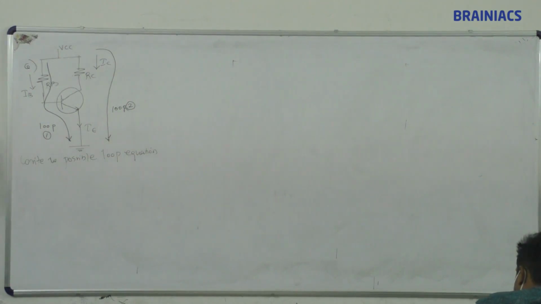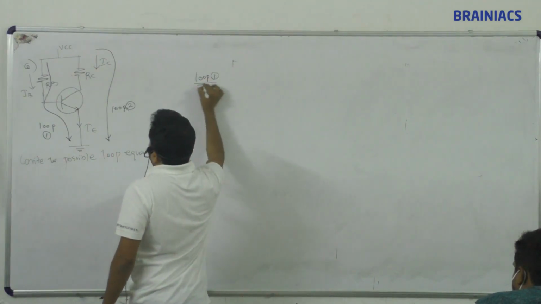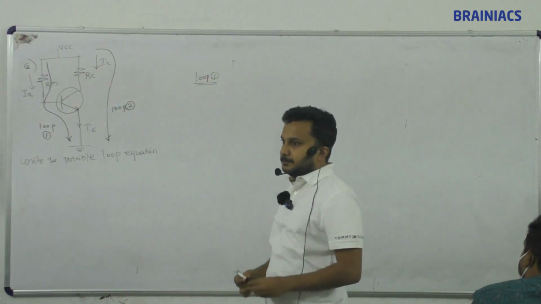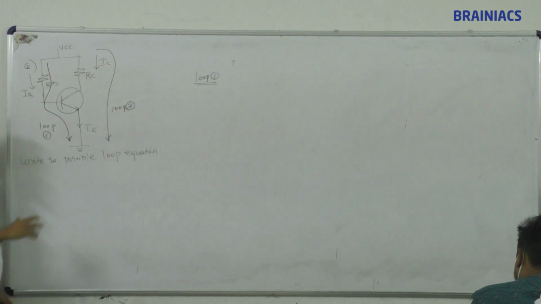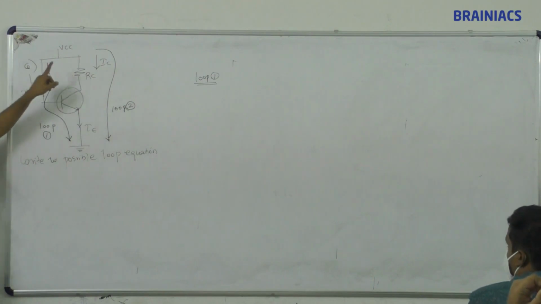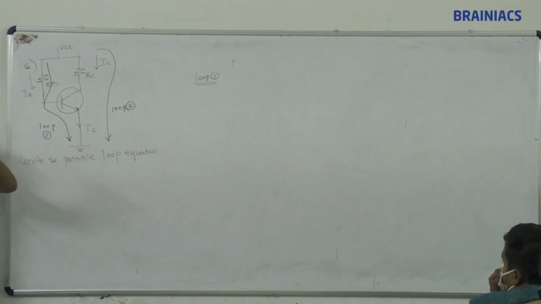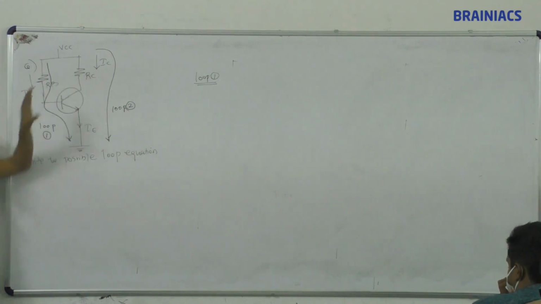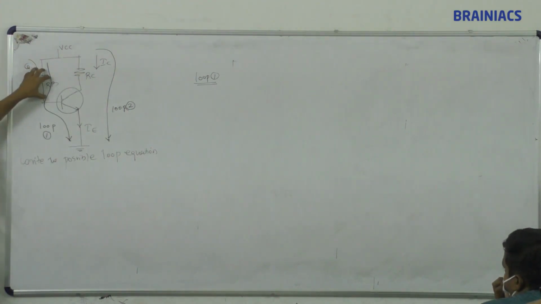Okay, now can you write these loop equations? First we will write loop 1. By looking at the circuit, just listen. Normally we can go and redraw the circuit. Instead of doing that, in one step we can write it. VCC is the voltage given to the circuit. Who is using this VCC? One is IBRB, the voltage lost here as heat energy.